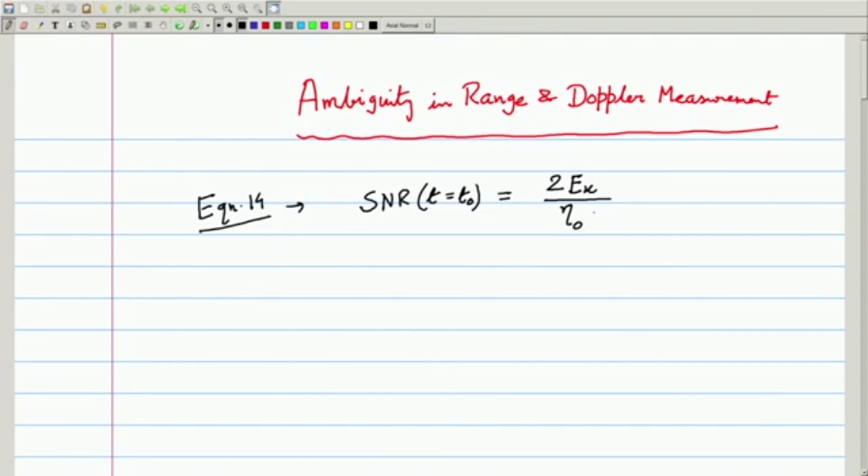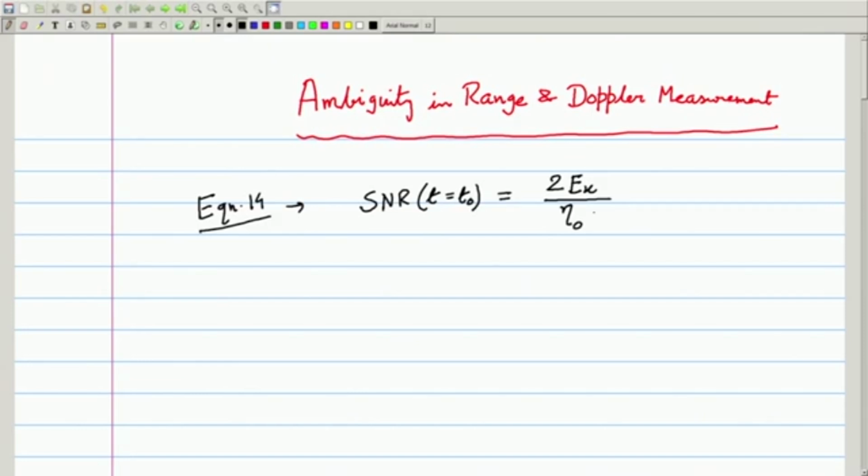So then the question naturally is: that means the wave shape is not at all important for maximizing SNR, and if we keep Ex at a fixed value, any shape will do and will give us the maximum SNR. That means the shape of the wave can be chosen by the radar designer.